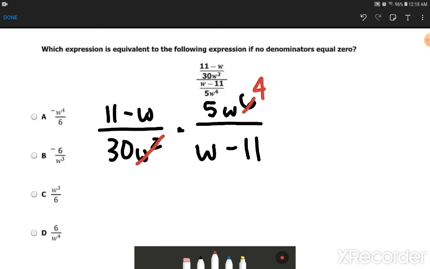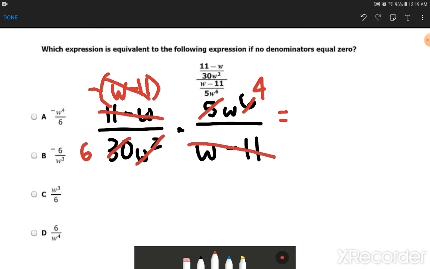We can simplify this into 6, and we can turn 11 minus w by multiplying it by a negative into negative w minus 11, and these two would cancel out.